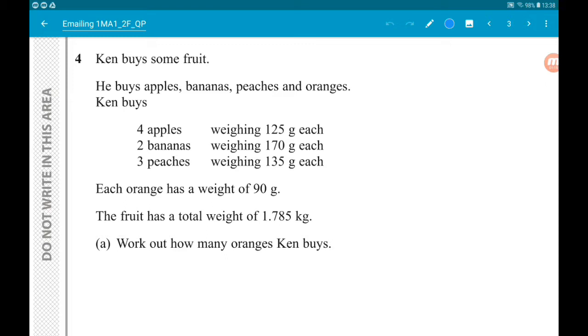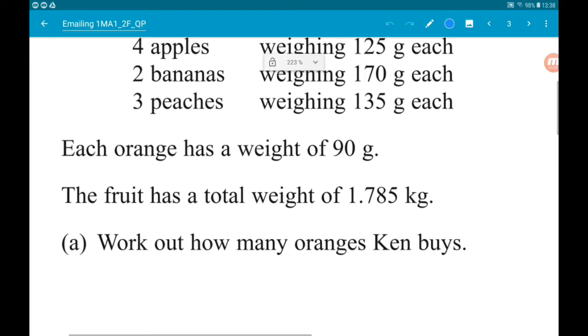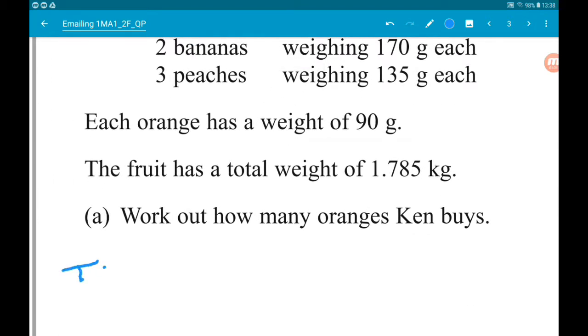First, we convert the total weight, 1.785 kilograms, into grams. Each kilogram is 1,000 grams, so we multiply by 1,000 and we get 1,785 grams.